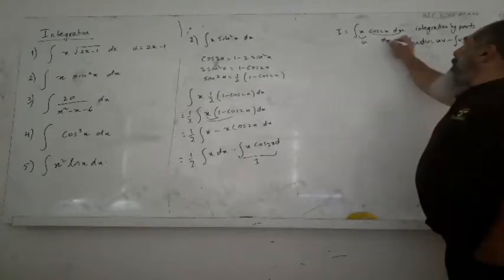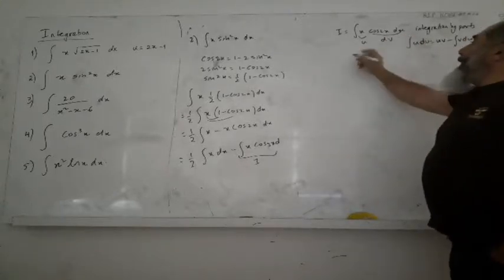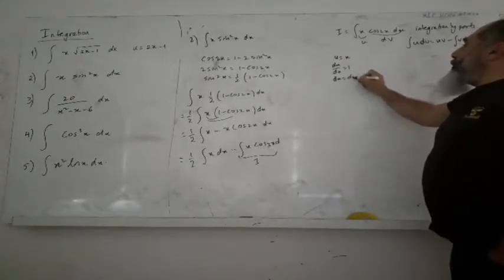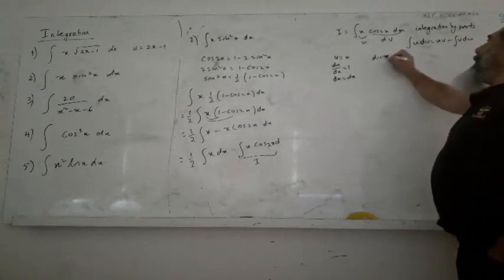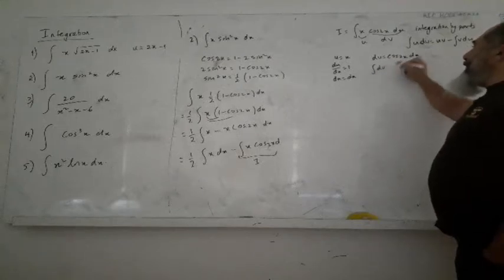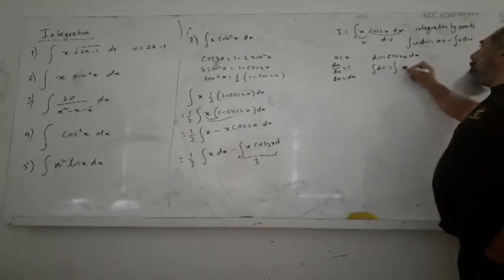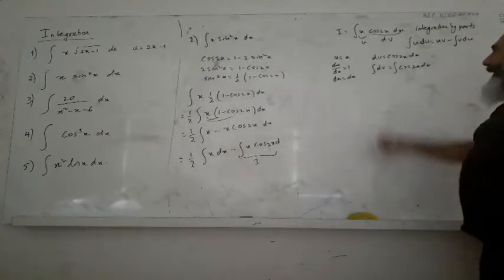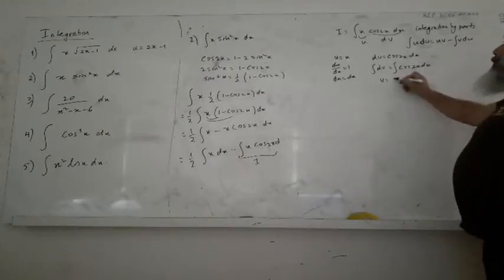So u is x, du over dx is 1, du is equal to dx, dv is equal to cosine 2x dx. So to find v, we have to integrate both sides. Integration of cosine 2x dx, v is equal to 1 over 2 sine 2x.